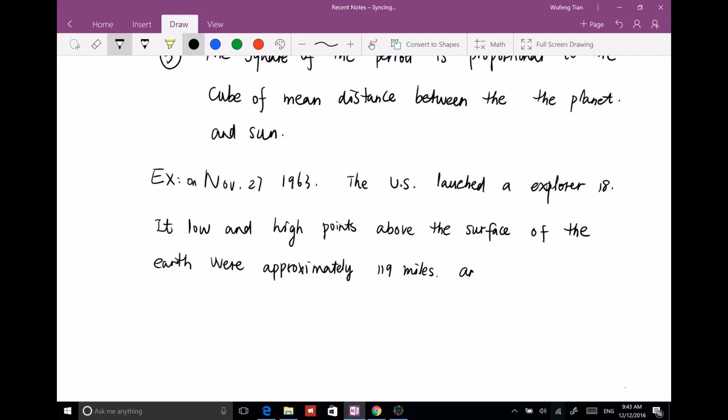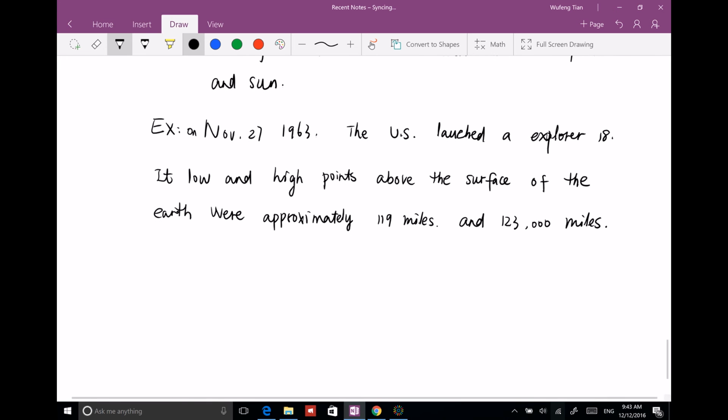And 123,000 miles. The center of the Earth is the focus of the orbit.